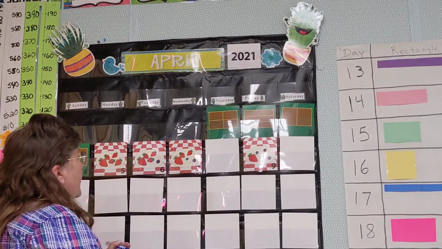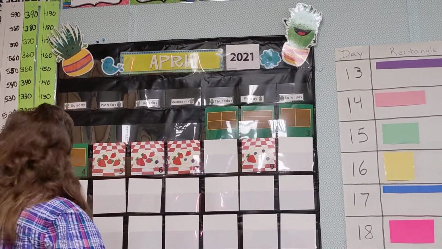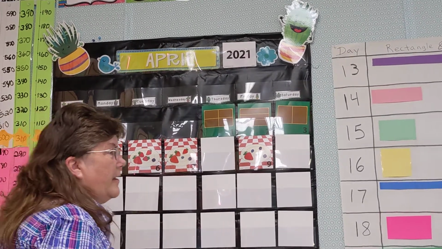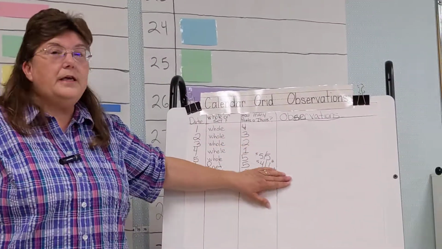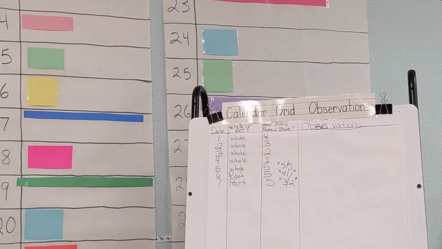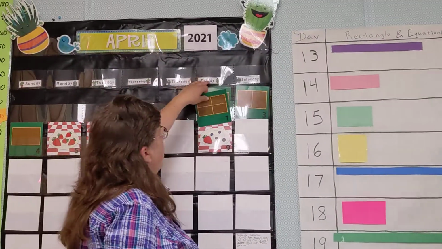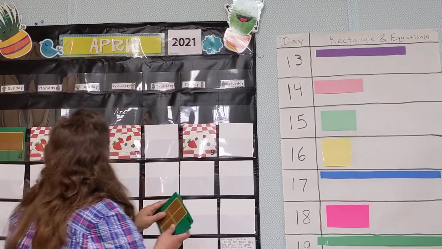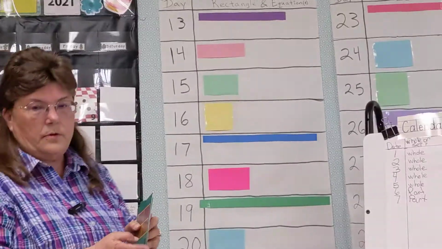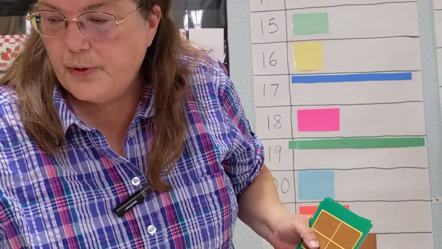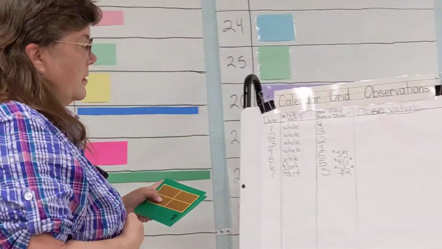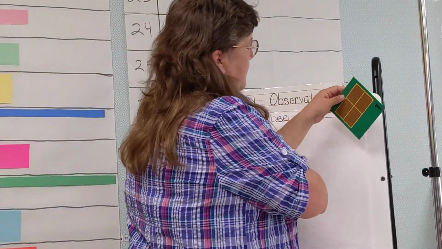Okay, let's move on. So today, like I told you guys, we're going to fill in the observation chart. So my first 4, I'm going to pull these down and get them closer. And I'm going to put them over here so that we can really look at them.